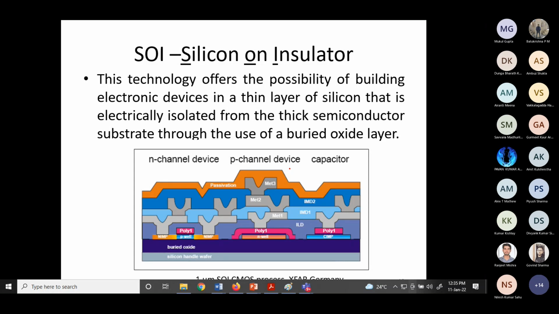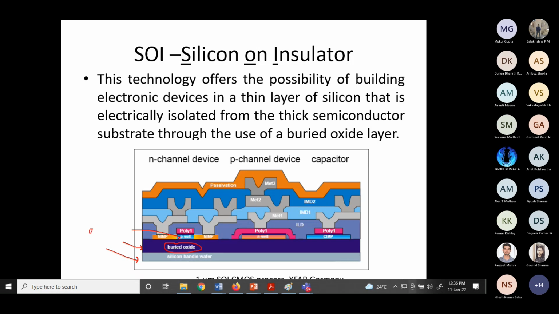Silicon on insulator is basically a silicon substrate, and on top of the silicon substrate there is an oxide layer, which is known as buried oxide. On top of the buried oxide there is another silicon layer which is very tiny. This is known as active silicon.